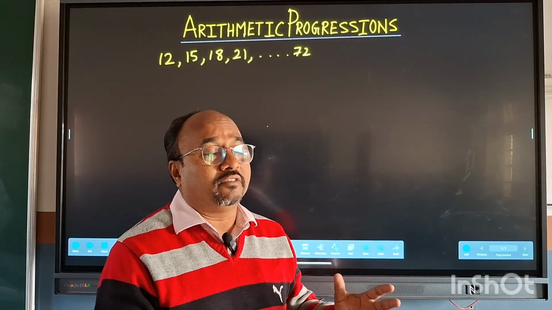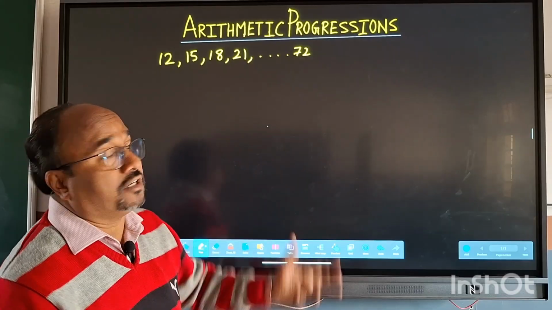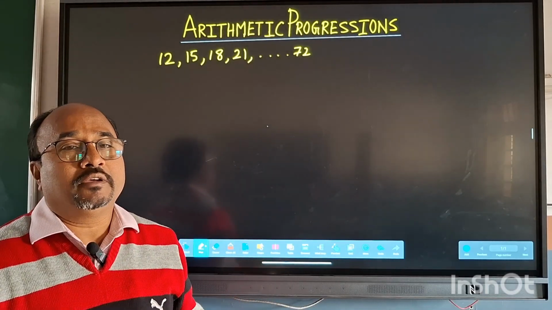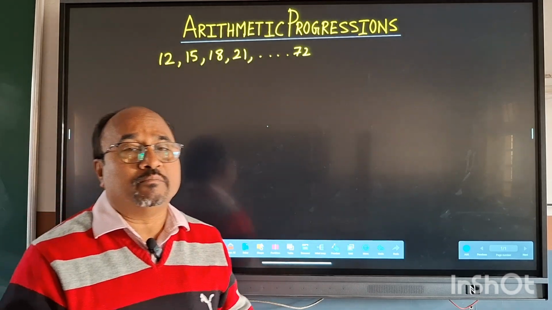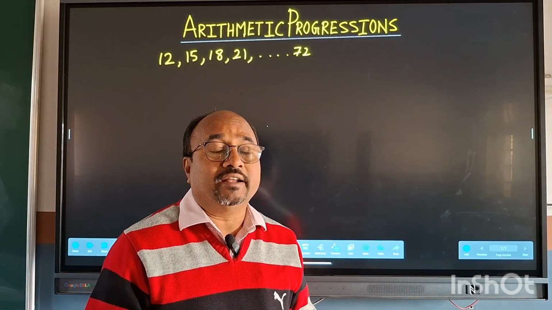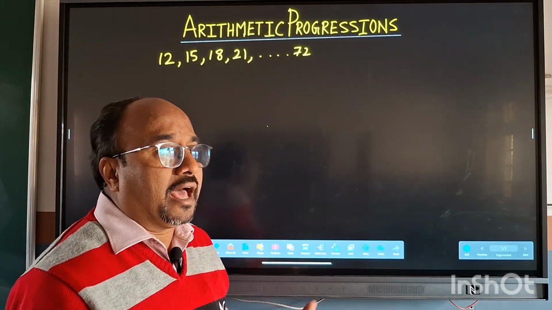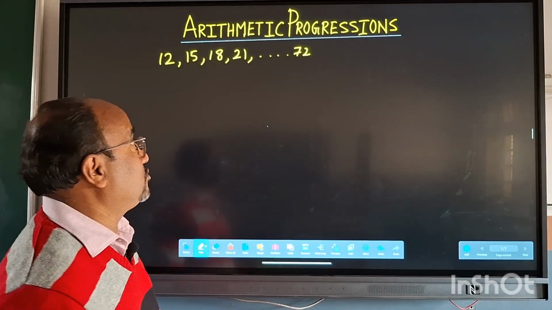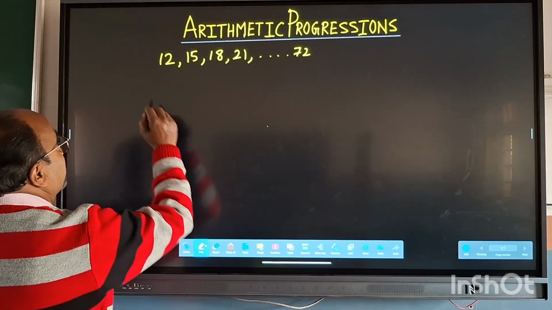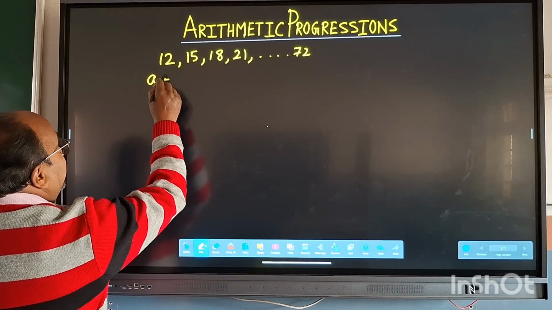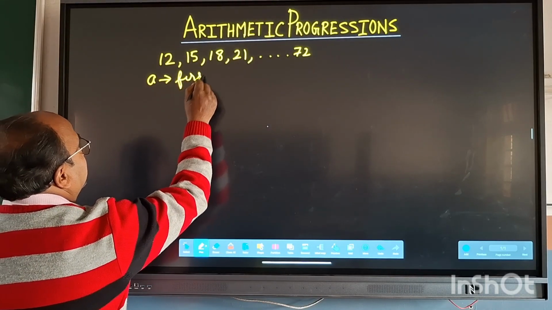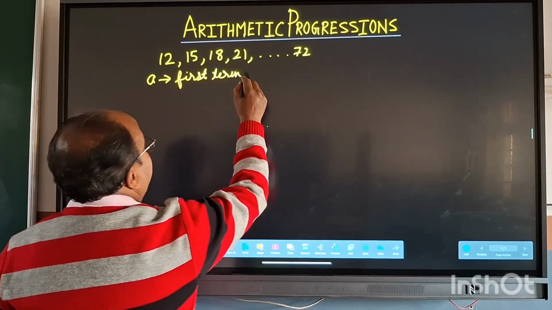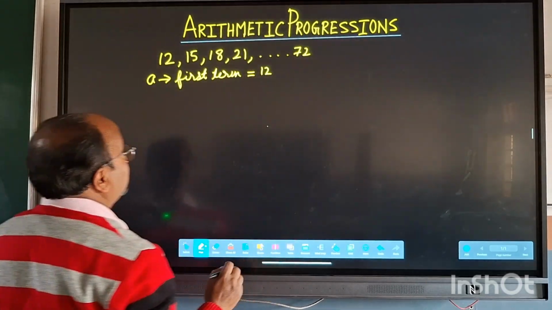Okay, and then how to find any of the term which will be required. So we need to have some relationship in that sequence of numbers which are there. So we will denote them with some alphabets. So I'll be telling about them and then we will come to the formulas based on that. So first of all, with A, we denote the first term, which in this case is 12.